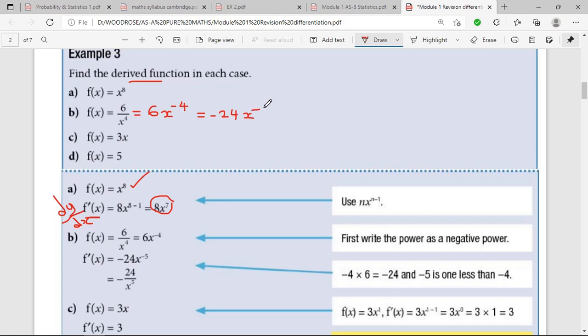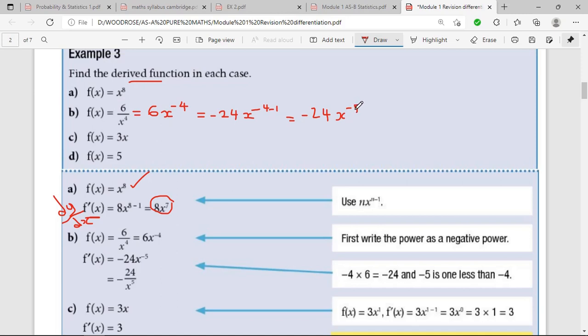Minus 4 minus 1. We subtract the power using the definition. And you are going to get minus 24, then x to the power of minus 5.